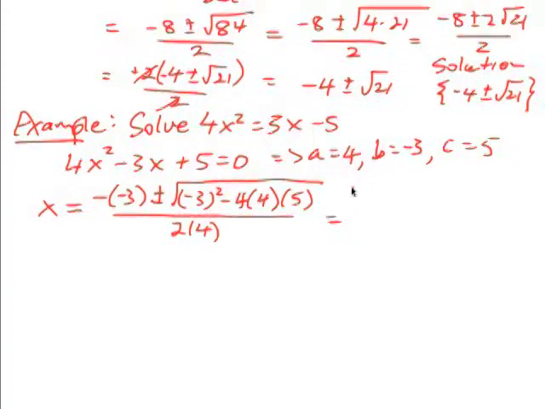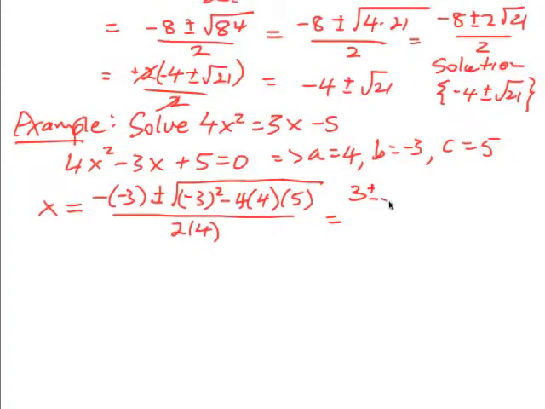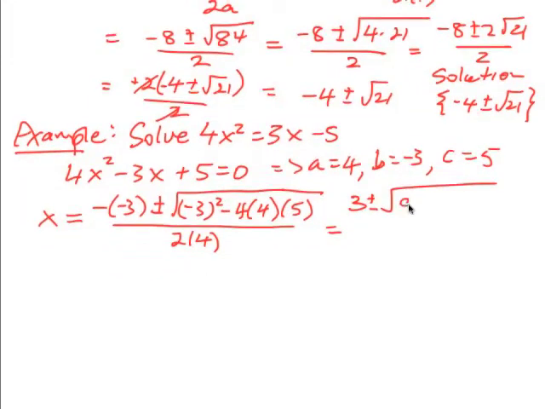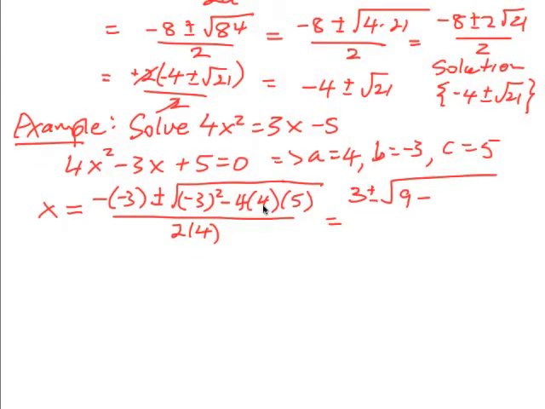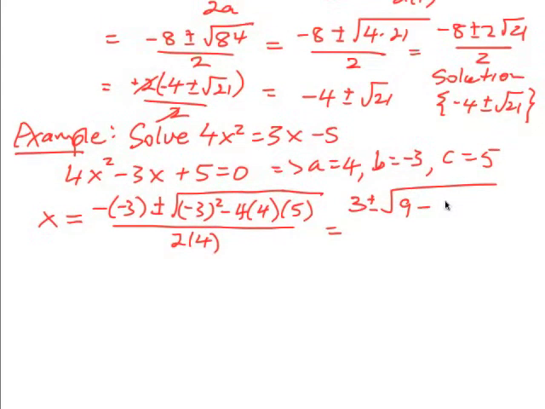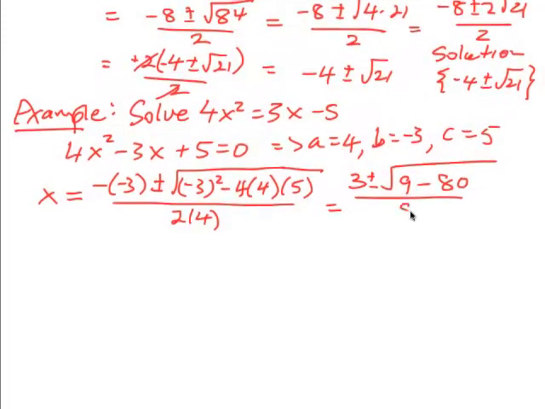So this gives us 3 here, the negative of negative 3, plus or minus the square root of 9 minus, let's have a look here, we have 20 times 4 is 80 by the look of it, all over 8.